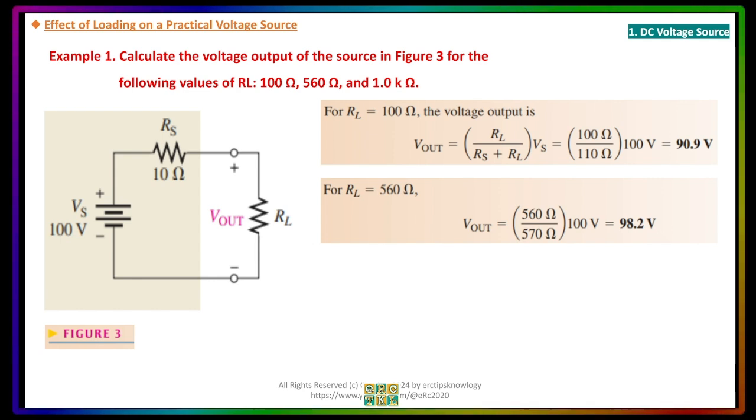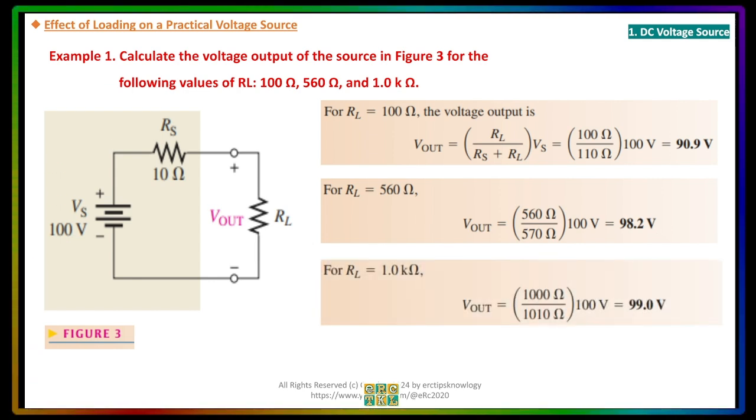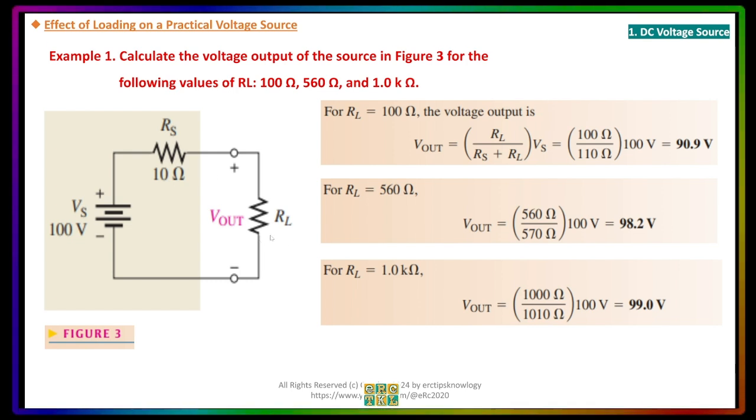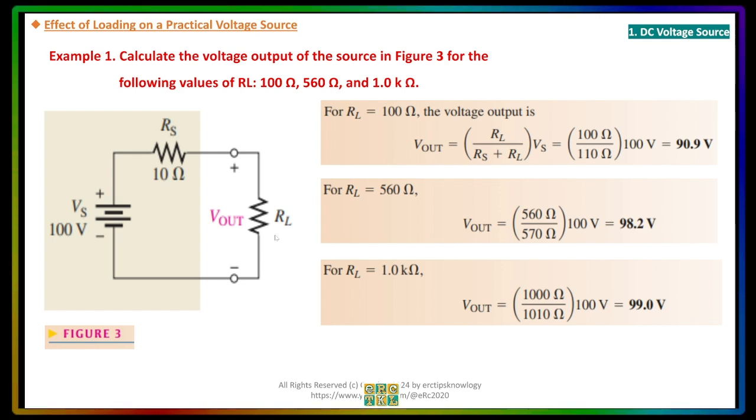Now, if we further increase the RL to 1 kilo ohms, then the Vout using the same formula will be 99 volts. And this time, we only lost 1 volt to Rs. So to conclude, the higher the RL, the better for the circuit, because the RL will get a higher voltage from Vs if the RL is much higher than the Rs.